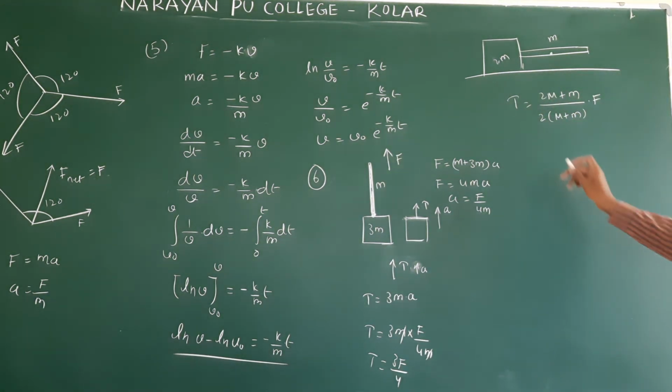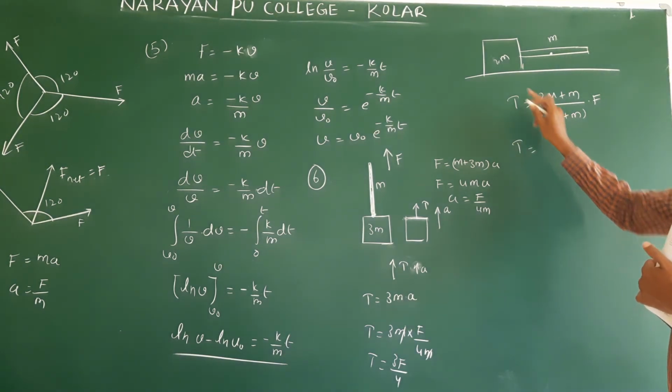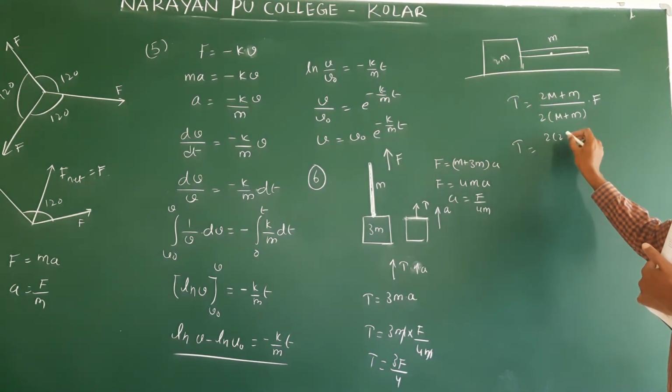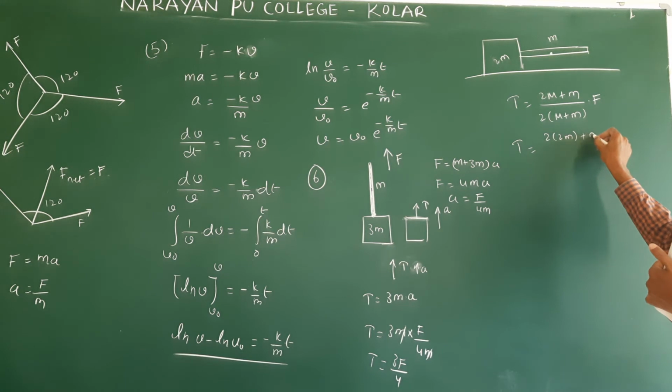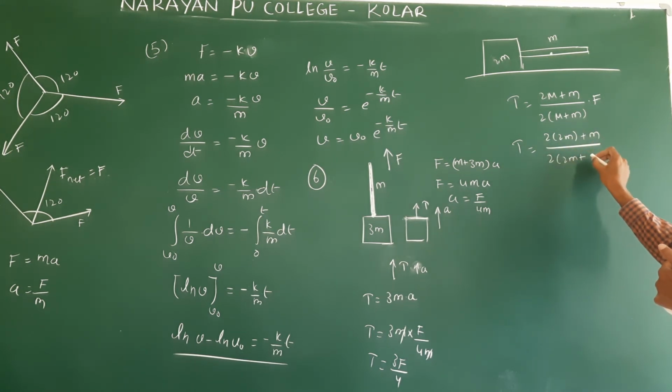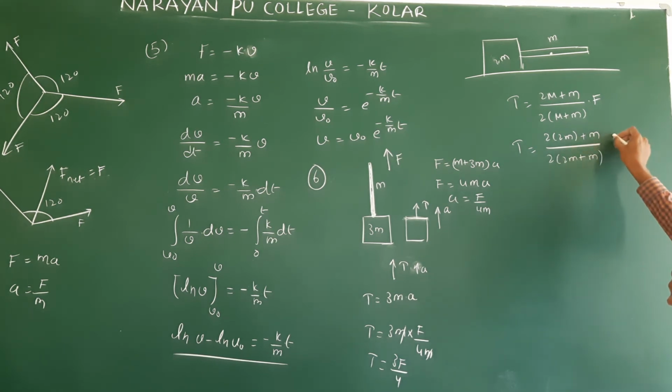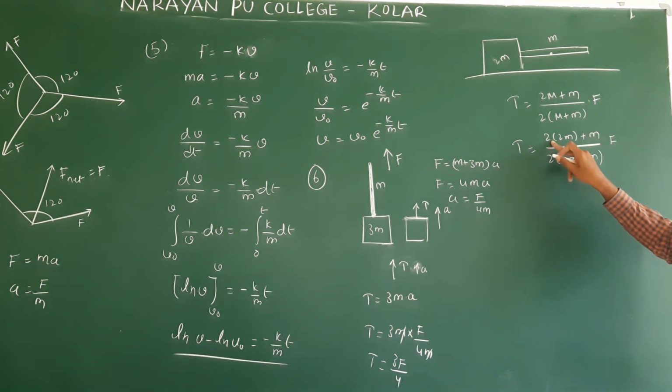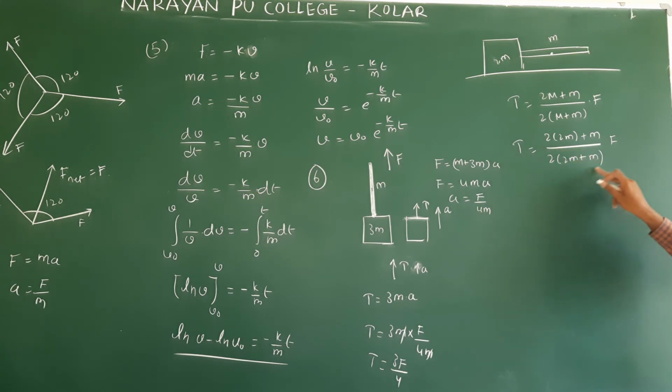You check it. Capital M means this mass, small m means this mass. Now T is equal to (2 into 2m plus m) by (2 into (2m plus m)) into F. These two don't cancel, because the 2 multiplies only this term in the numerator, but in the denominator we multiply the total.